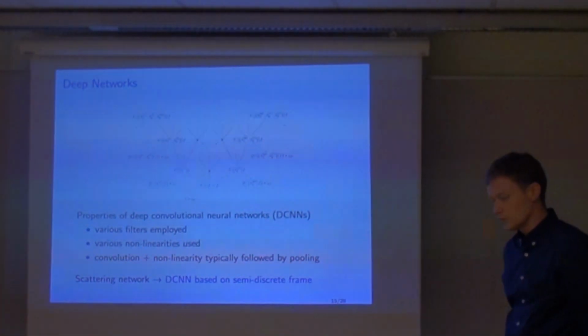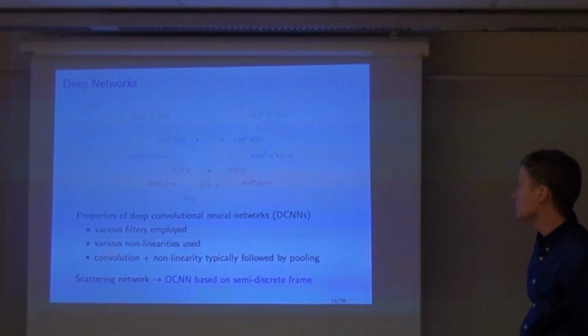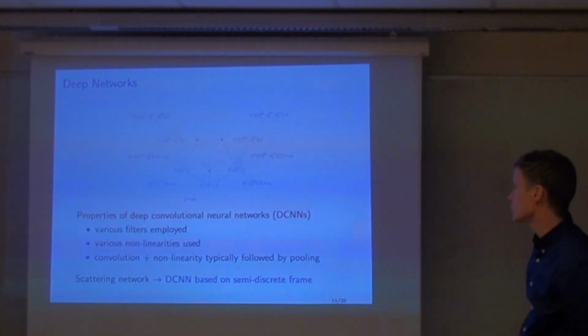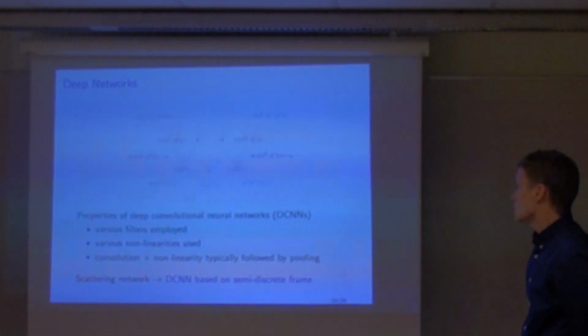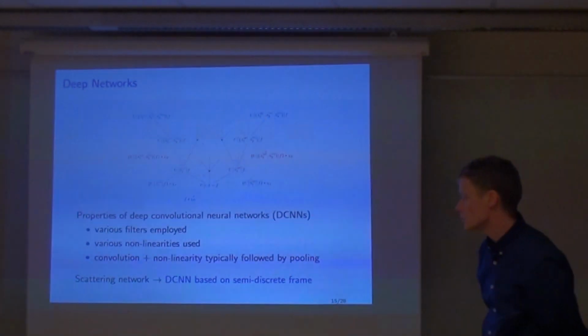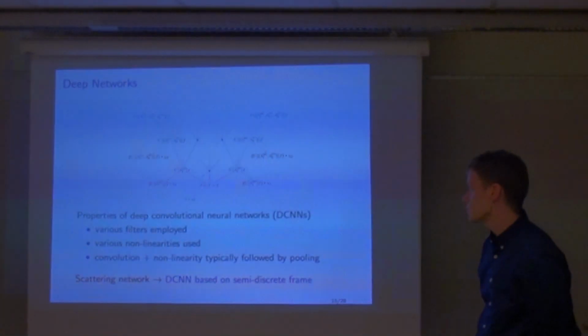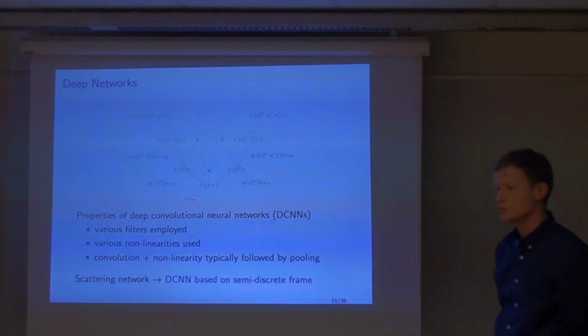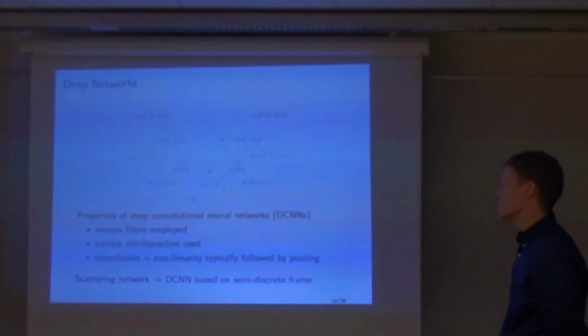Okay, so is there now a reasonable connection in general to deep neural networks? Forgetting for a moment about frames and scattering networks, what are properties of deep convolutional neural networks? We said this already.